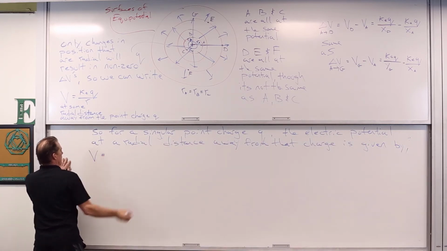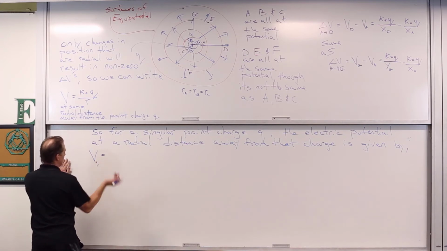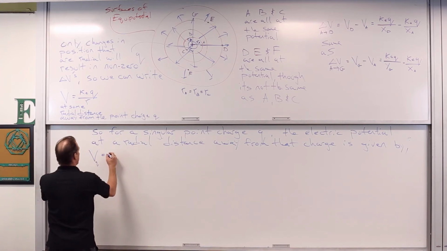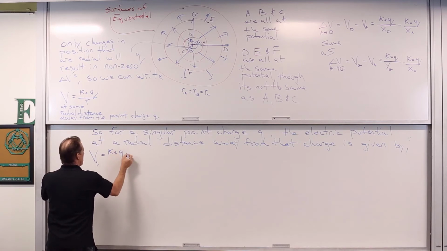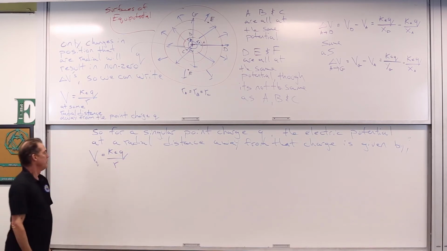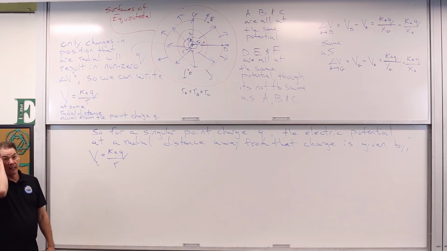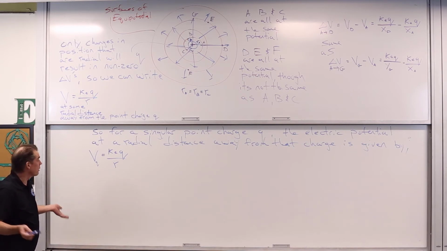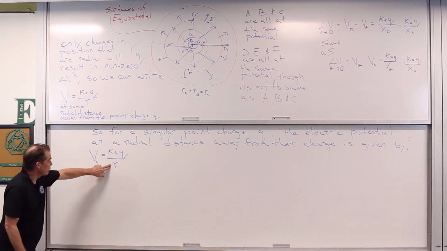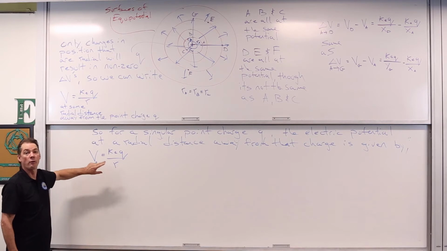V is equal to, I can write V sub Q, V due to the point charge, is equal to K sub E times Q over R. It's not a vector quantity. And notice it's very similar to what we had for the electric field, but it's not a vector. This is a scalar. And it doesn't go as 1 over R squared, it goes as 1 over R.